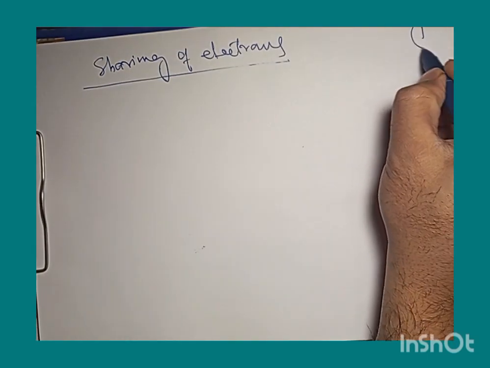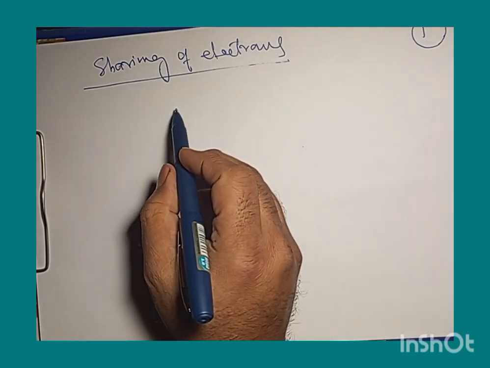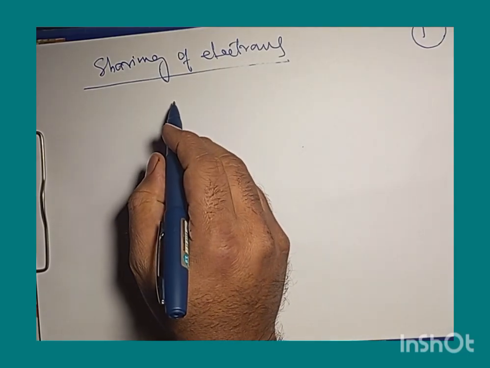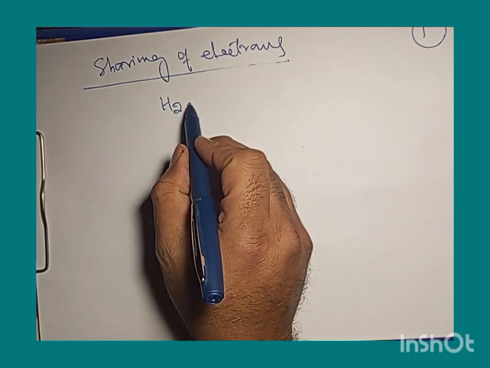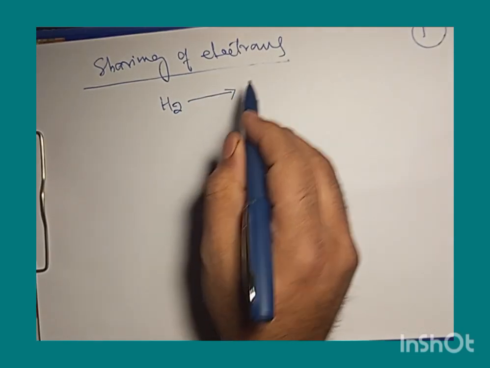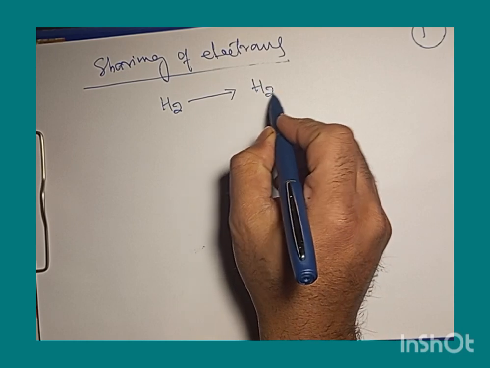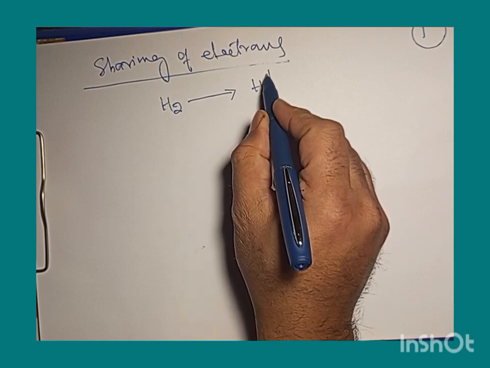What we would like to start with is that we have an H2 gas molecule, and it has lost one of its electrons. So it has only one electron.